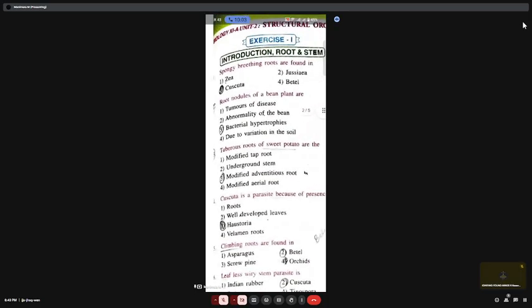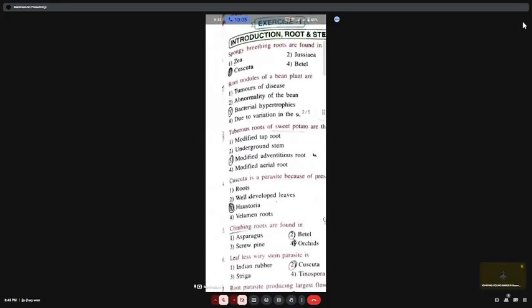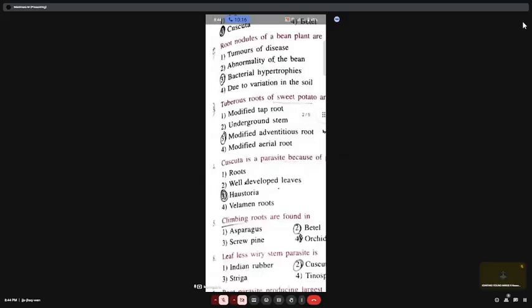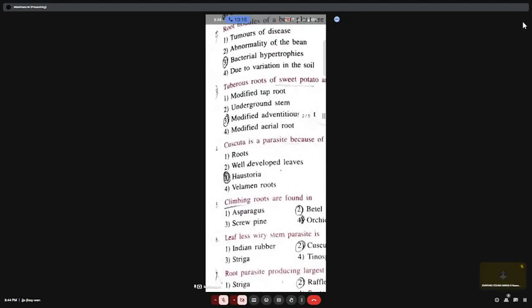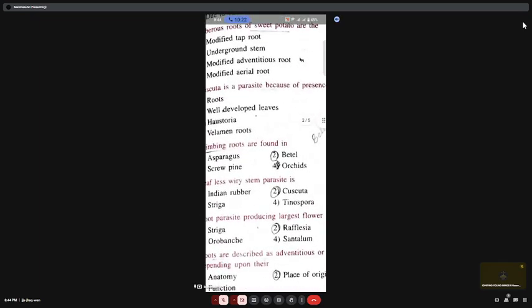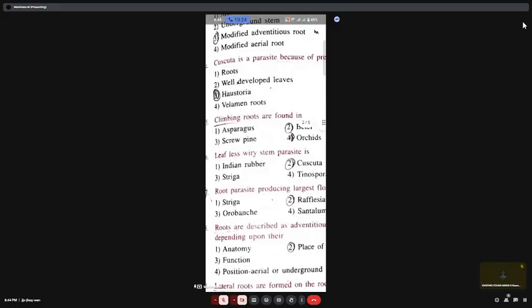Can you tell me one more time? Spongy breathing roots are found in Casuarina. Root nodules of bean plants are bacterial hypertrophies. The tuberous roots of sweet potato are modified adventitious roots. It is a parasite because of the presence of haustoria.